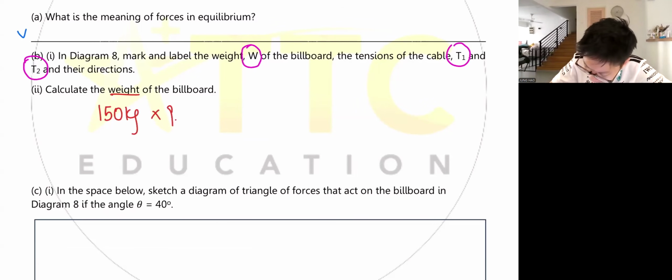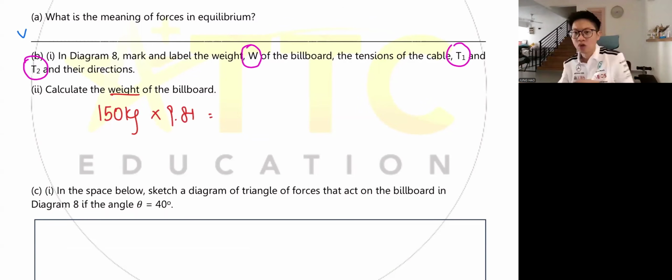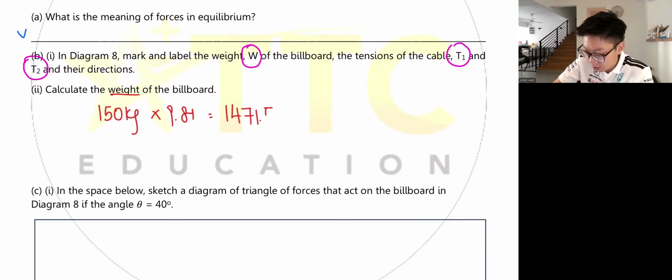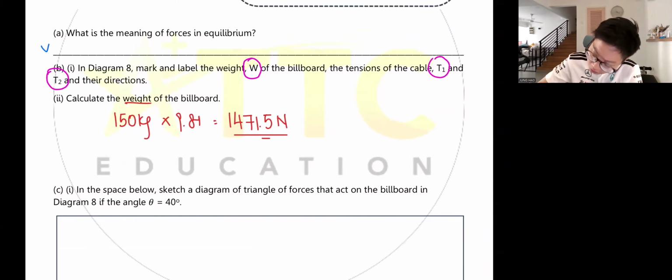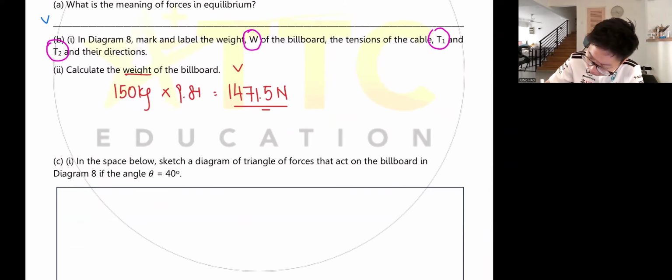So we're going to multiply this by 9.81, so it will be 1471.5 Newton. Okay, done already. Now we have to sketch a triangle of forces.